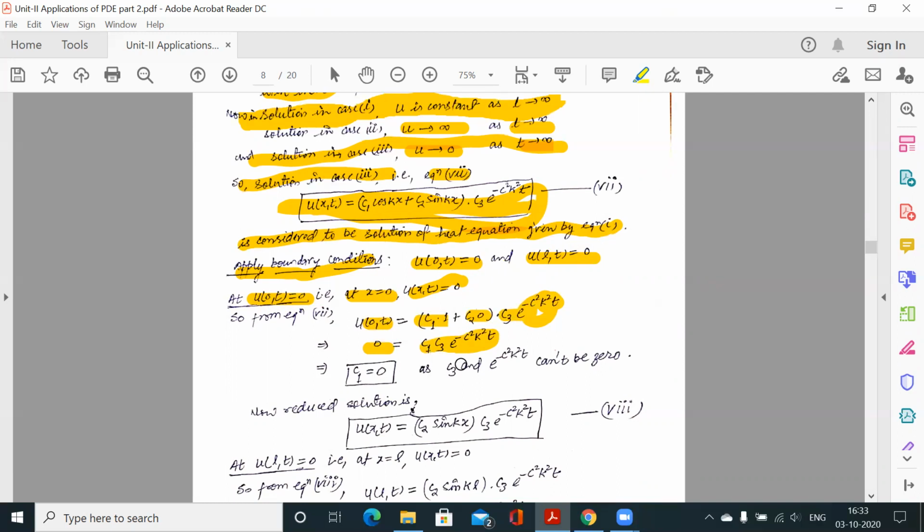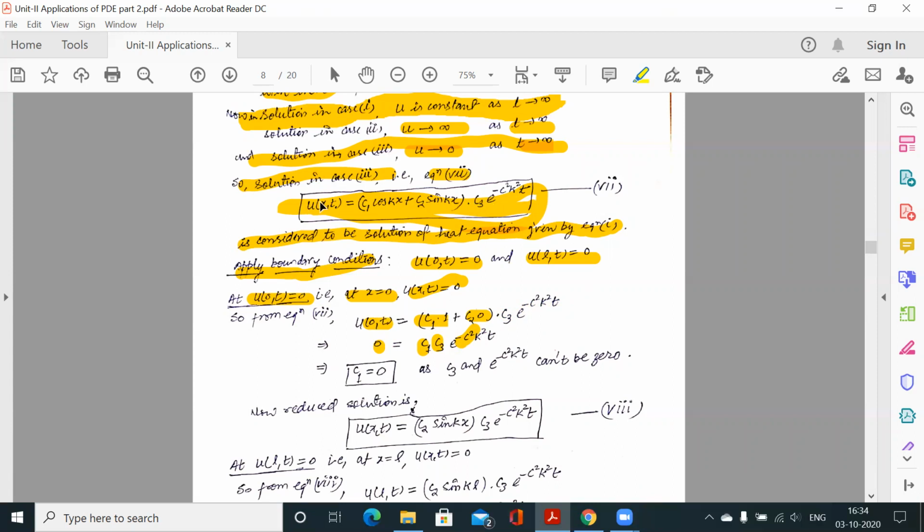So 0 is equal to this product: c1 into c3 into this term is 0. So there are three possibilities: either c1 is 0, or c3 is 0, or this term is 0. But if c3 is 0, the solution will be 0, because c3 is a factor here.